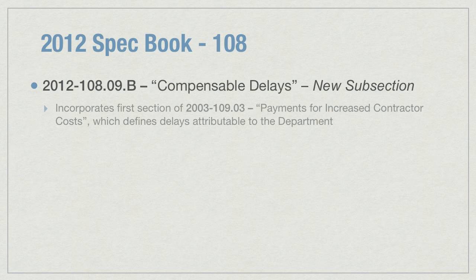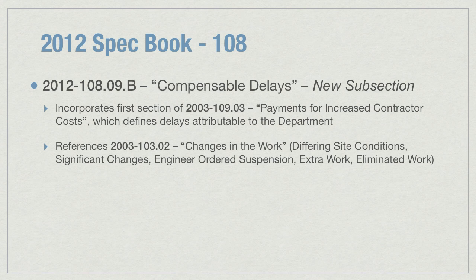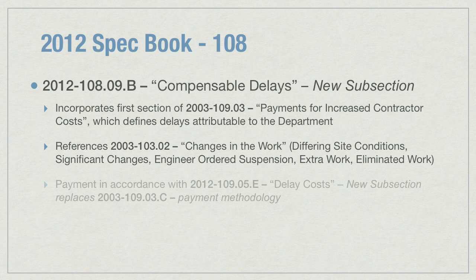This subsection incorporates the first section of the 2003 book 10903, Payments for Increased Contractor Costs, and subsections 10302, Changes in the Work, that includes significant changes in the character of work, differing conditions, engineer-ordered suspensions, extra work, and eliminated work. Any costs that the contractor may have incurred due to these delays would be reimbursed to the contractor in accordance with subsection 10905E, Delay Costs.